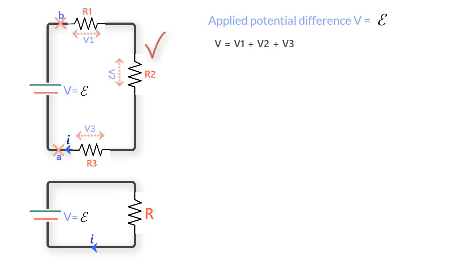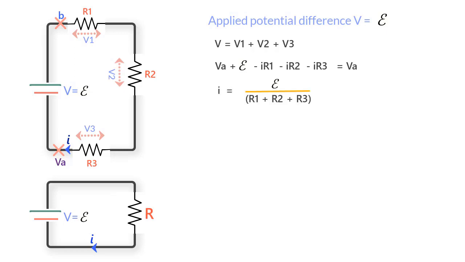So in this loop, if VA is the potential here, then the equation we get if we move clockwise is VA plus E minus IR1 minus IR2 minus IR3 is equal to VA, or I is equal to E upon R1 plus R2 plus R3.